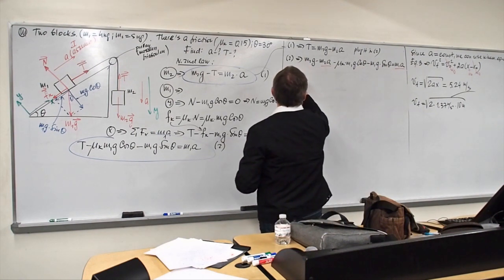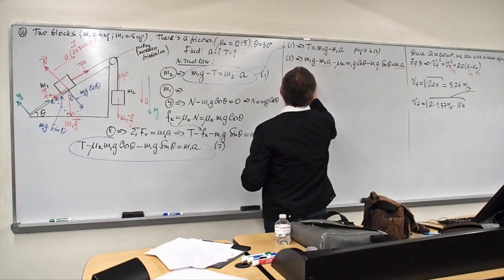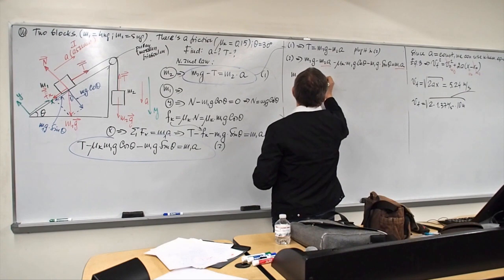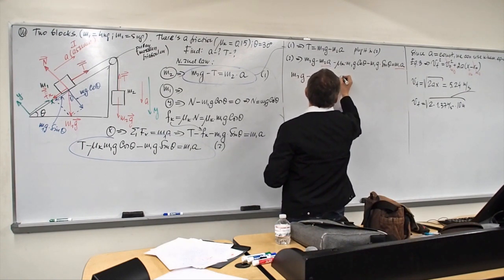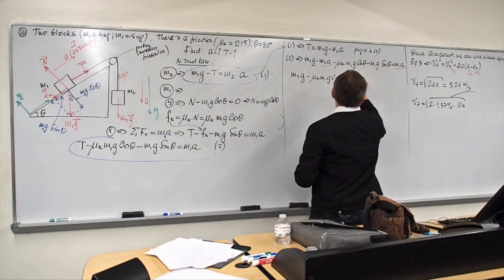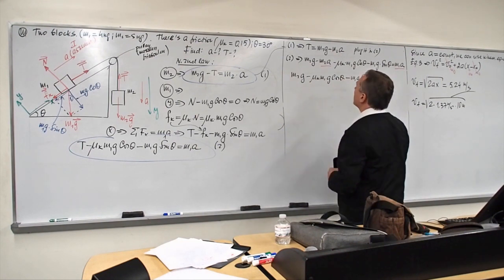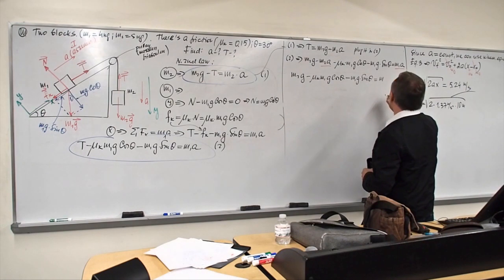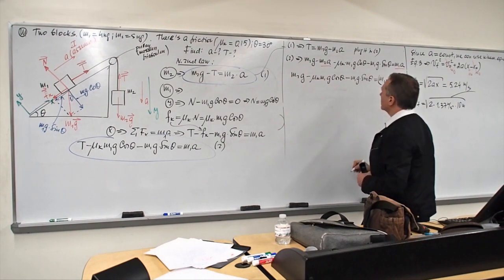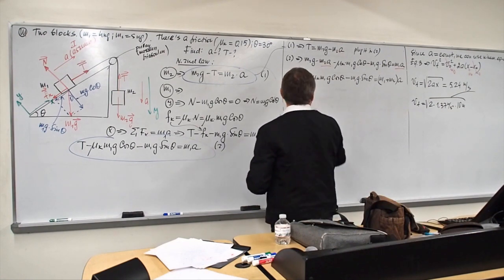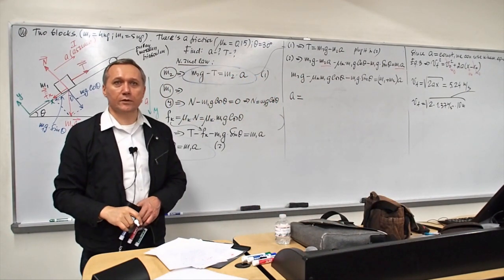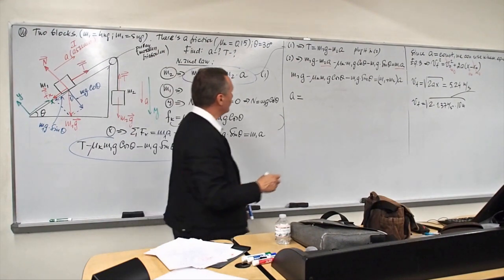So it will be m2 g minus mu k m1 g cosine theta minus m1 g sine theta equals m1 plus m2 times acceleration. Okay, so we're all set. We'll just divide everything by m1 plus m2.